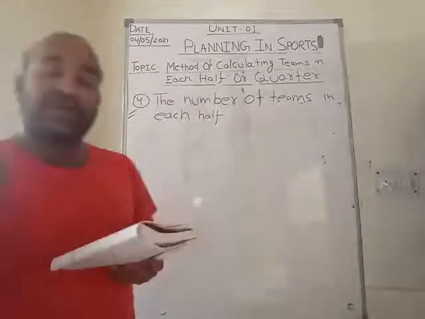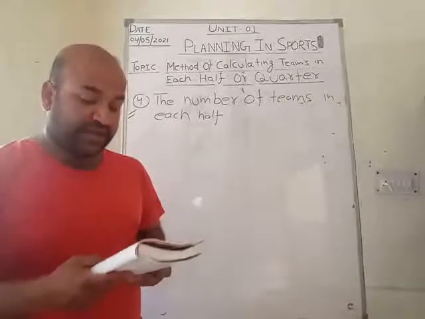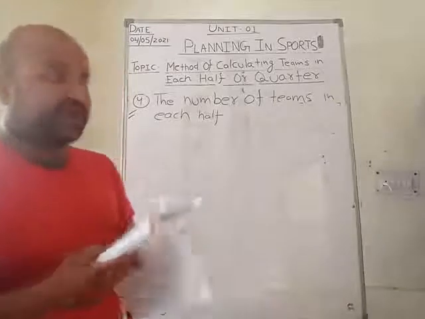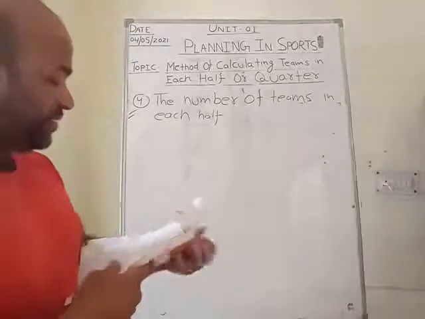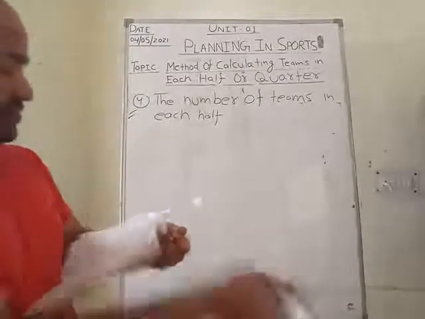N is the total number of the teams. Okay, so I will give one example from your books.